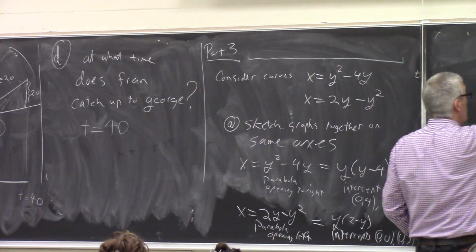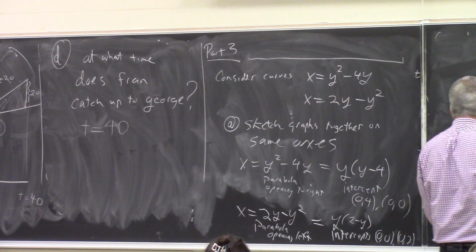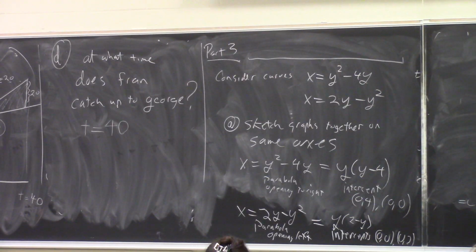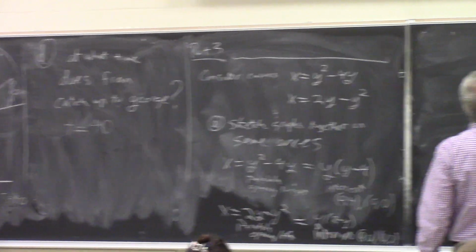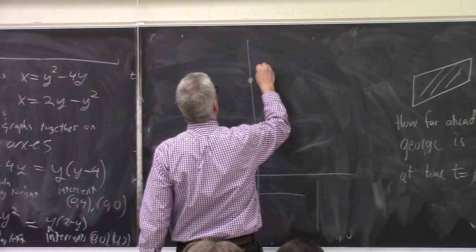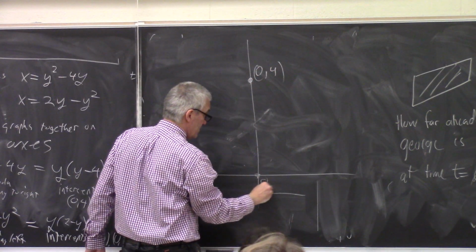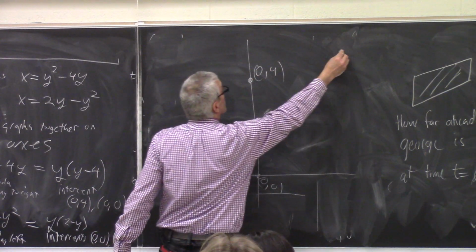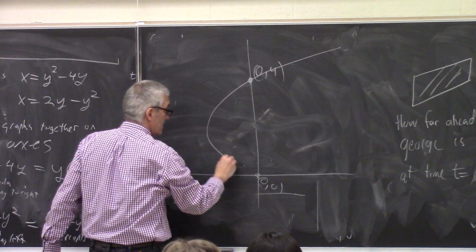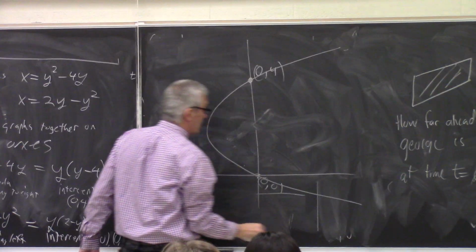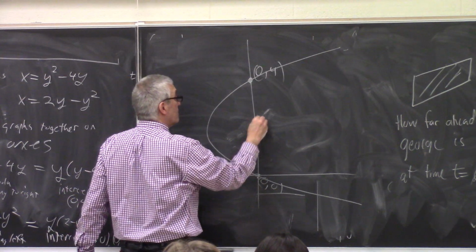So this is pretty cool. So we get to make a, well, you don't get to, I get to, I have the chalk. I have a parabola opening to the right, and it has intercepts at 0, 4, and 0, 0. So here it is. And then we have a parabola opening to the left whose intercepts are 0, 0, and 0, 2.